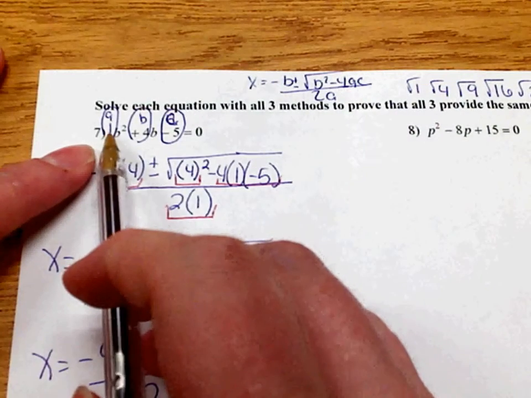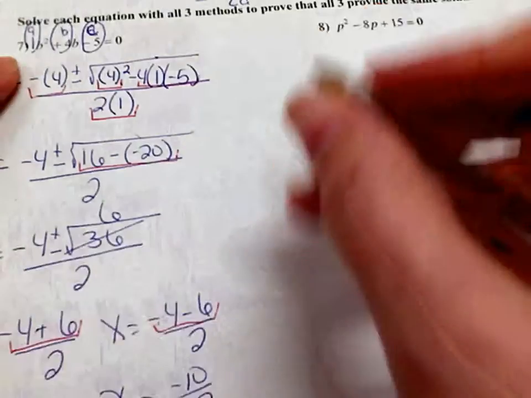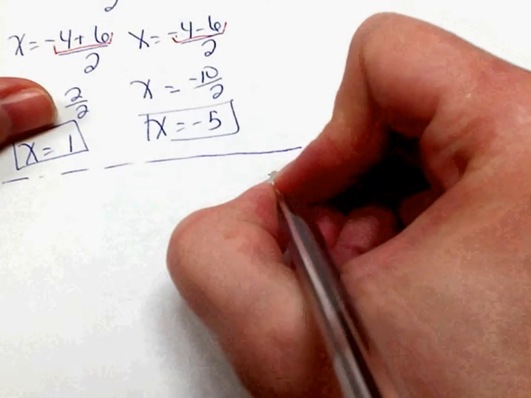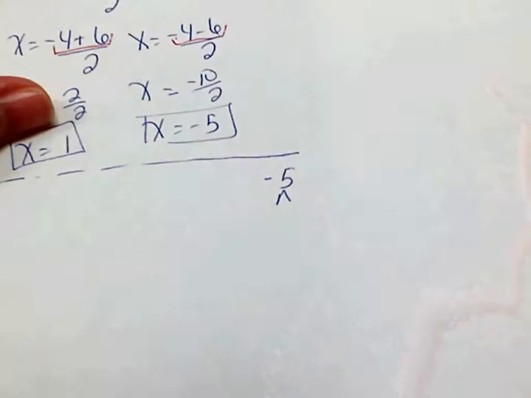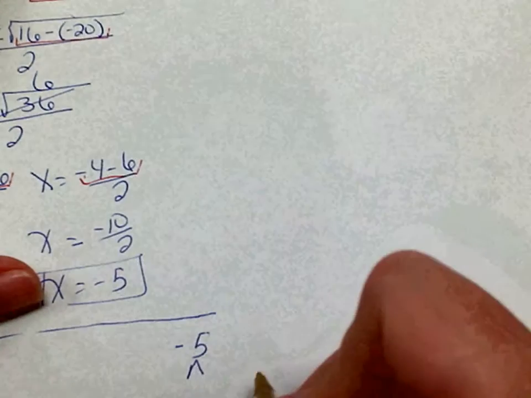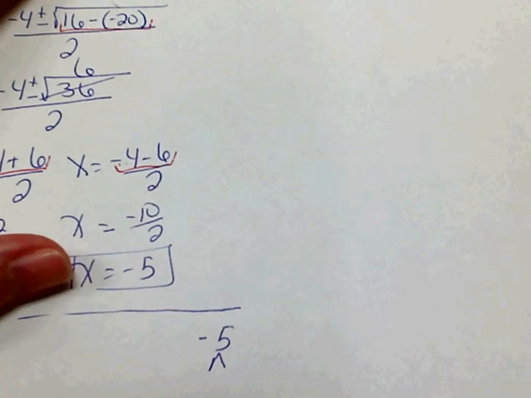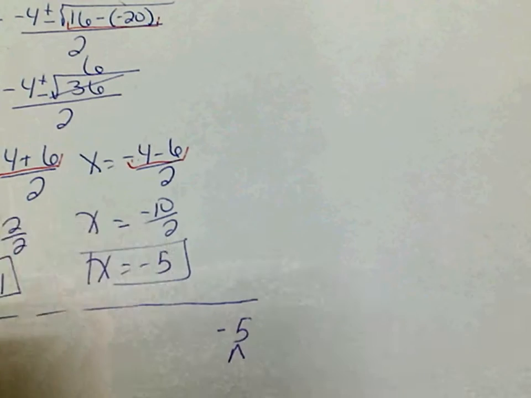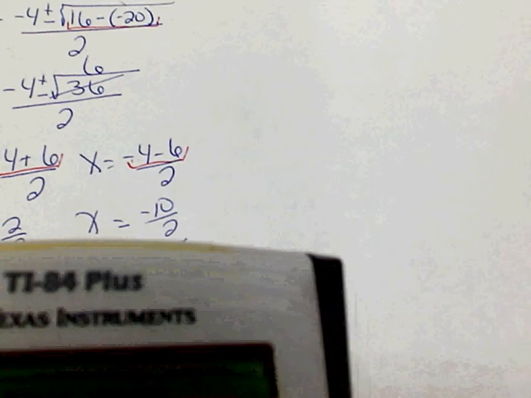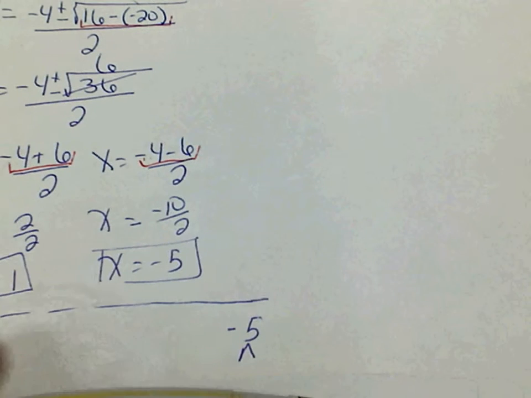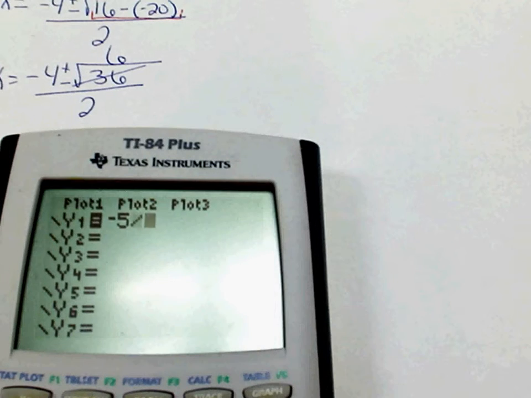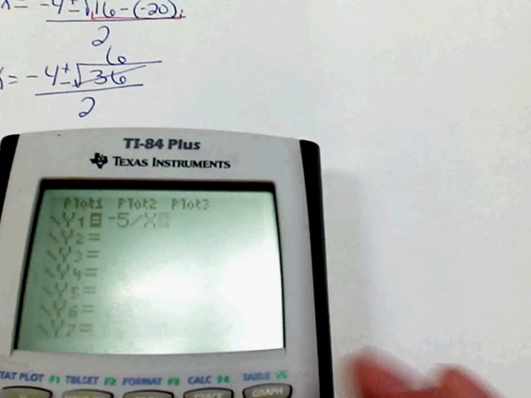Okay, so I'm going to do a times c, so 1 times negative 5. And I'm just going to put that right here. I've got negative 5. And what are my factors of negative 5 that add up to 4? We need it to equal 4. So you guys can probably do this in your head, but just so that we're practicing using the calculator in case you need it, negative 5 divided by x, and go to your table.